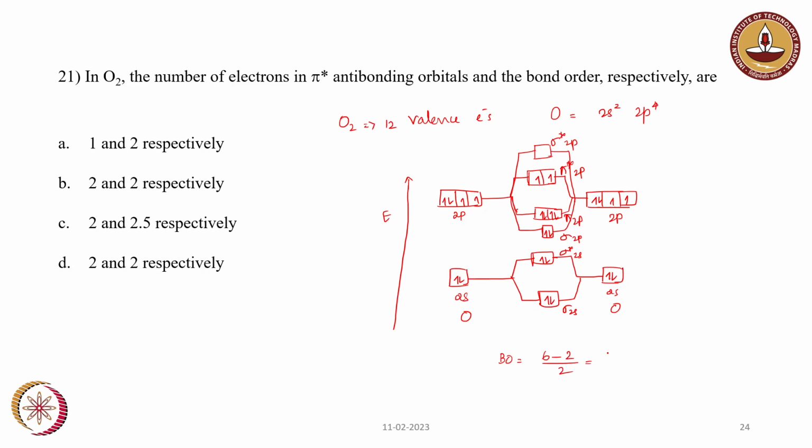So 6 minus 2 is 4, 4 by 2, that is 2. So the question is number of electrons in pi star antibonding orbital, that is in pi star there are 2 electrons, and the bond order we got is 2. So option D is the answer.